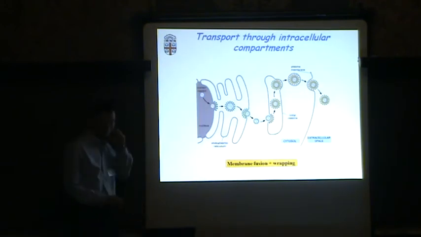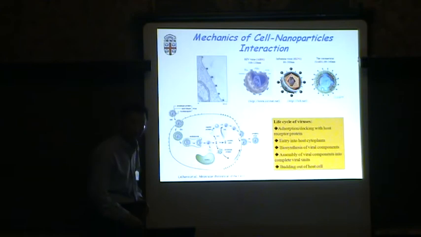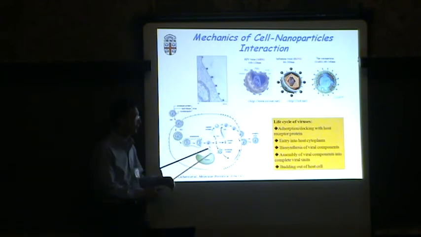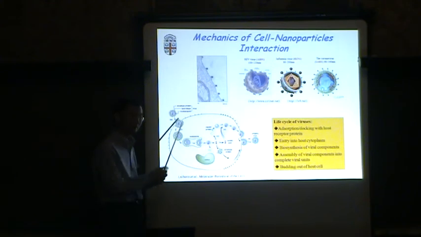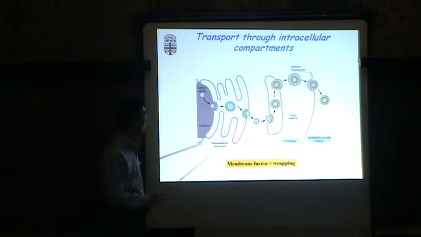Okay, and not only viruses, nanoparticles have this efficient mechanism to go into cells. Okay, this means nanoscale. These particles can dock on a cell membrane and enter our cells, but they also are transported within the cell.